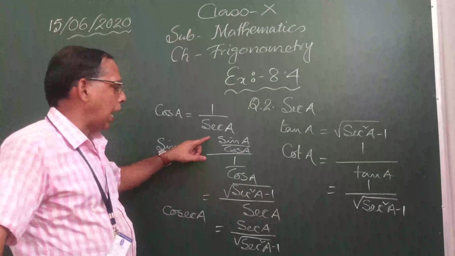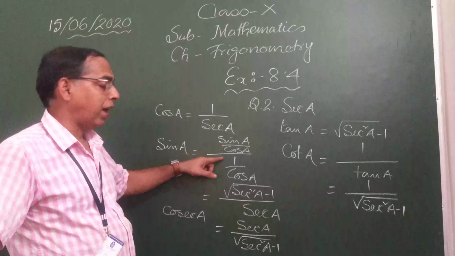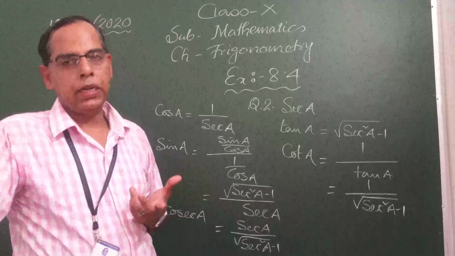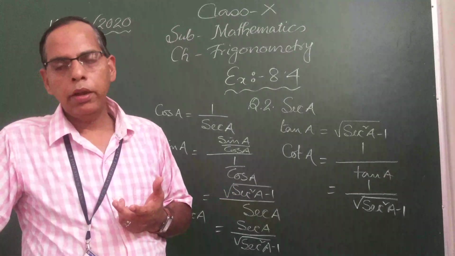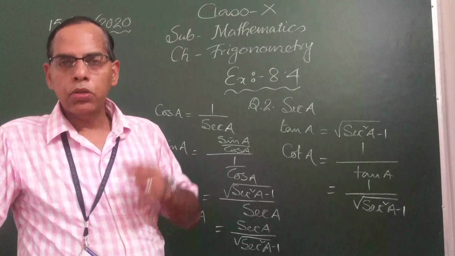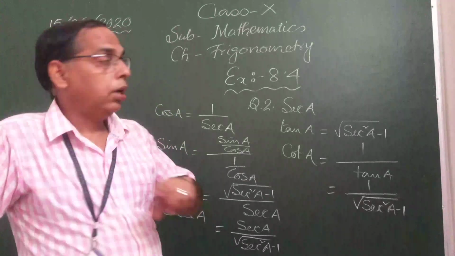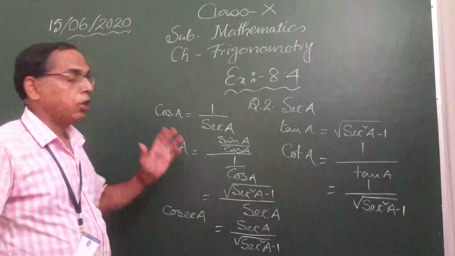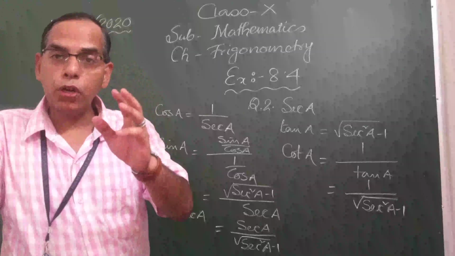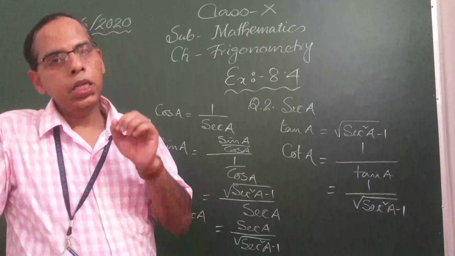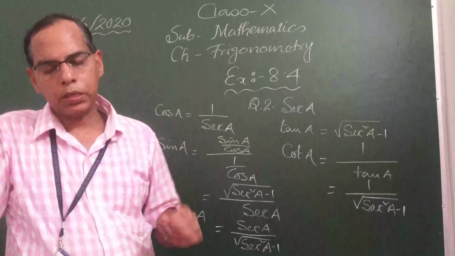If I don't have the idea why I have written sine A by cos A divided by 1 by cos A, then definitely I cannot do that one. So that is the most important part. Remember, my dear student, you may think that I have done it so easily. It will be easy for you also, provided you practice. You have to practice. Okay?